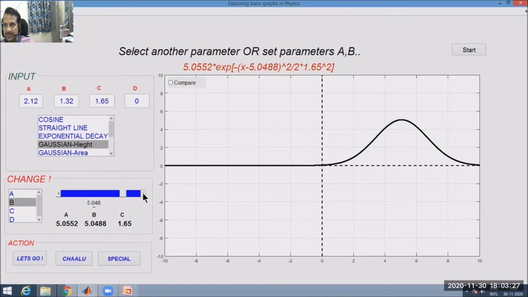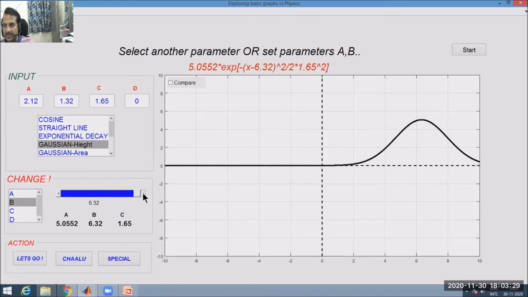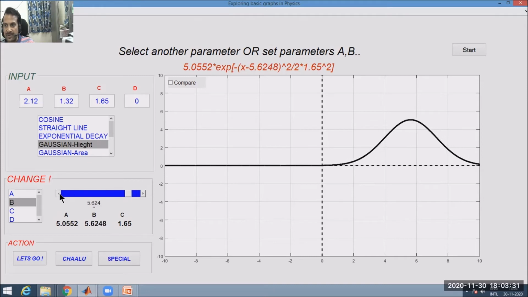As the parameter B is increasing, the graph shifts to the right. And when the parameter is decreased, it is moving to the left.